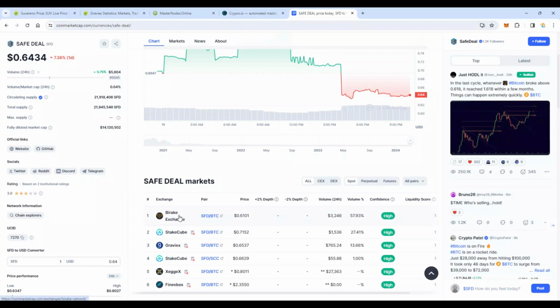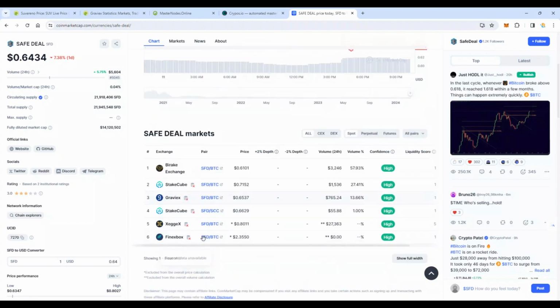So you can see we have Bireg exchange with 3,000, Stake Cube with 1,500, GravyX with 765, Stake Cube again, but now this is a different pair, SFDCC. Now, also, if you notice the kind of exchanges that you are dealing with, you see this icon here. Can you guys see it?